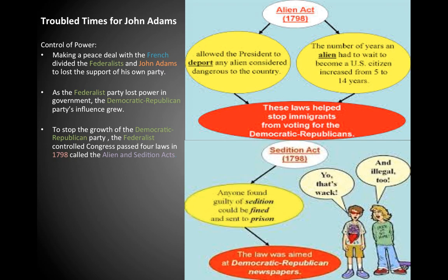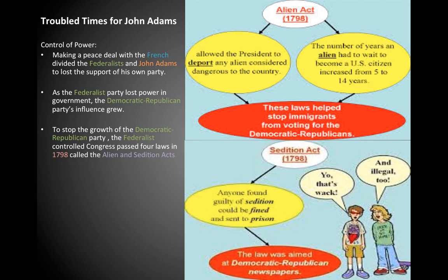And the Federalists saw this happening. They saw that they were losing control of the government, that less people were supporting their views, less of their representatives were being voted into government. And so the Federalists tried to do something about this.